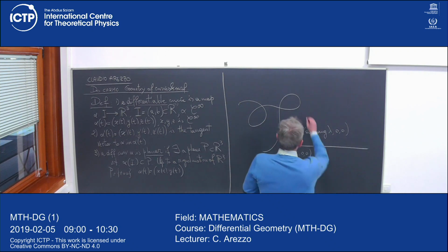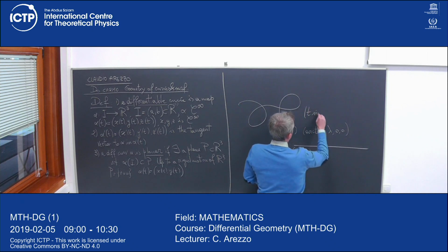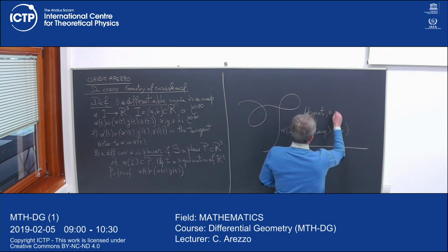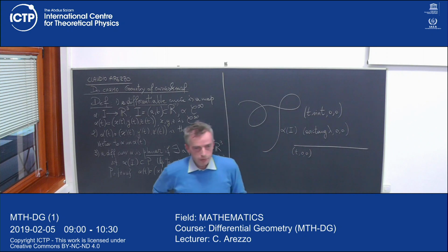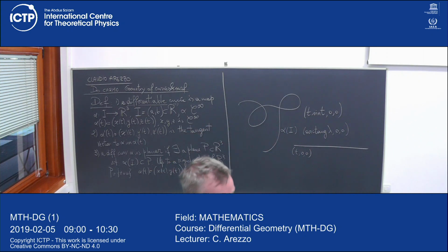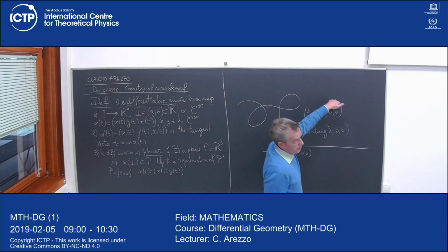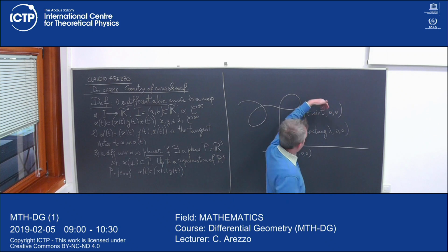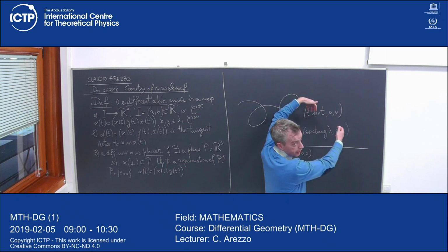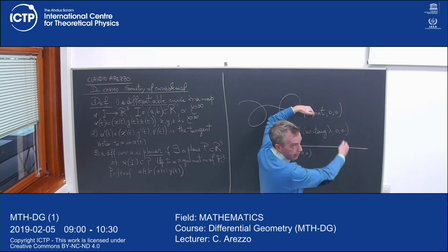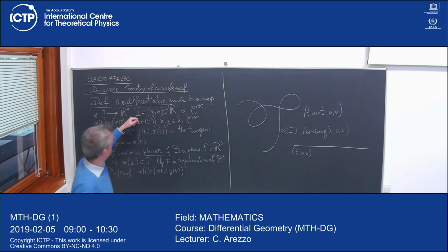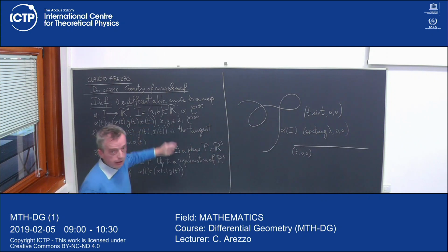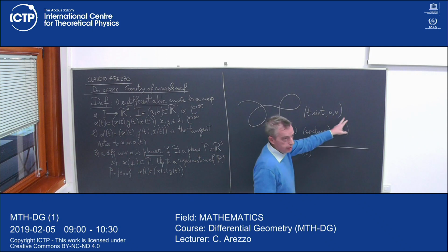Well, this is actually not too horrible, especially because it has a physical meaning. What is the image of this map? When I don't say anything, I'm taking the maximal interval where this is defined. So in this case it would be the whole R, so my interval I is the whole real line. What does this parameterization do?